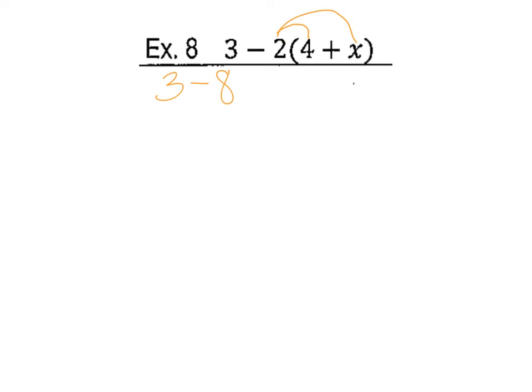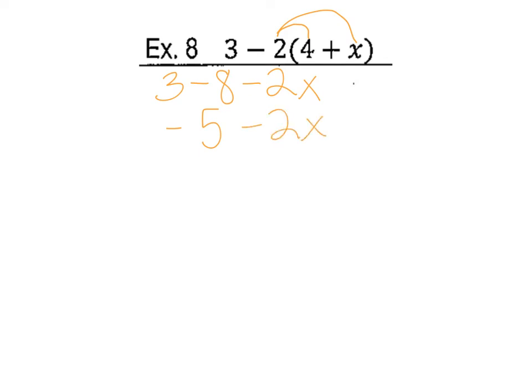And then negative 2 times x, negative 2x. Are there any like terms that are going to hang out together? 3 and 8, the guys that just carry their folders around, just plain old numbers. They become a negative 5. They go together. And the negative 2x has no one to hang out with.